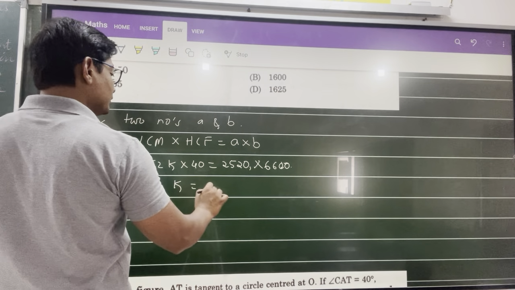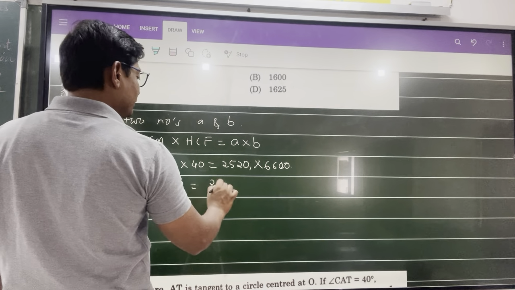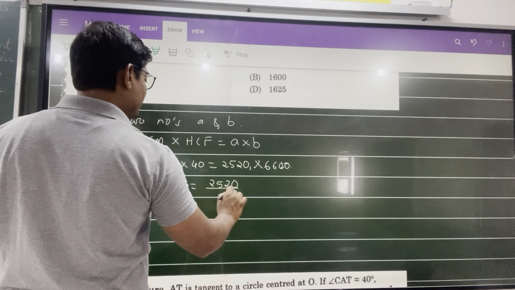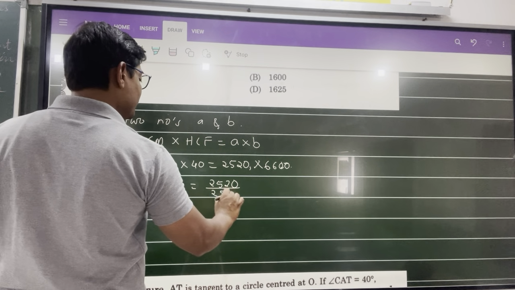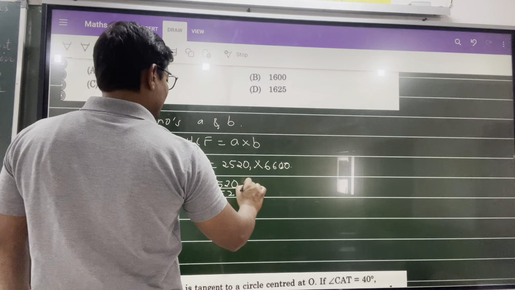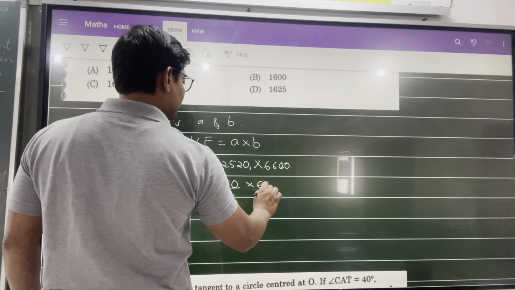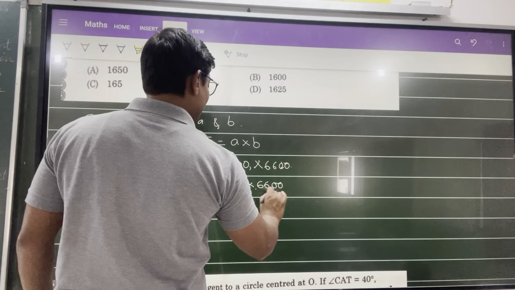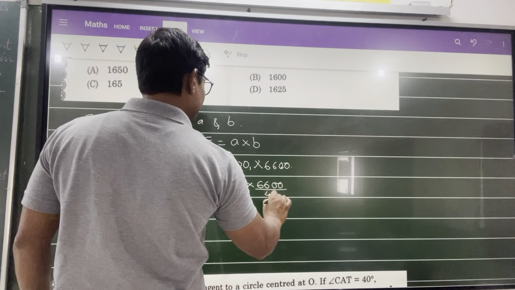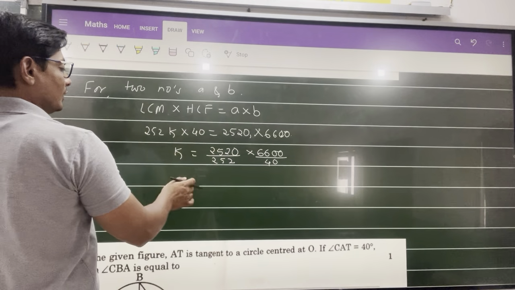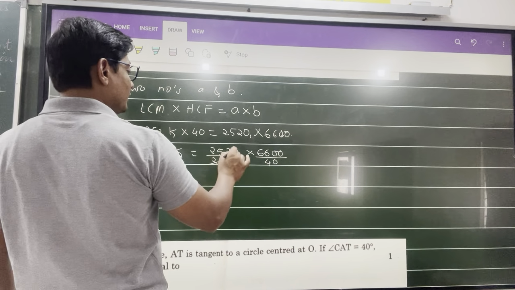So K equals 2520 upon 252, and here 6600 upon 40. Okay. So from here we'll get, this will be 10 times.